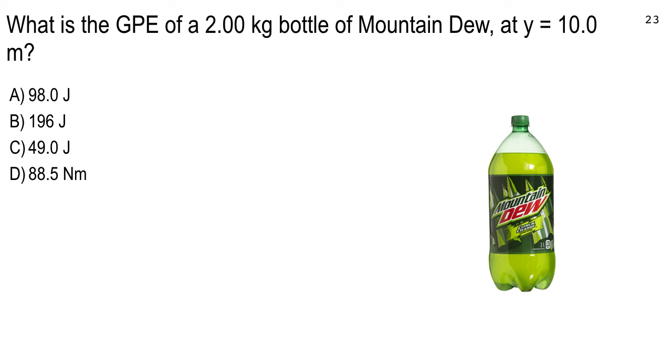Minus mg delta y. In this one, delta y is positive because you've raised it up to 10 meters. G is negative 9.8. And then you have a minus sign in the front.